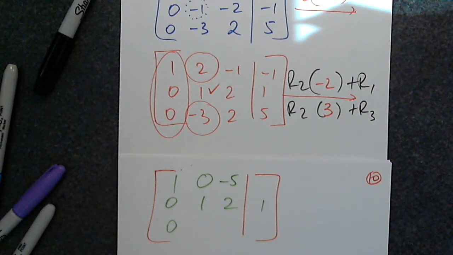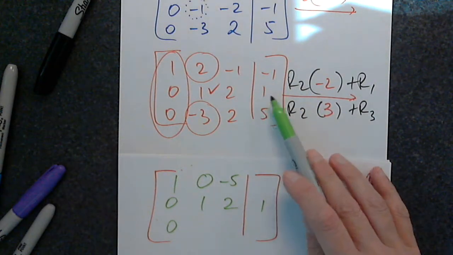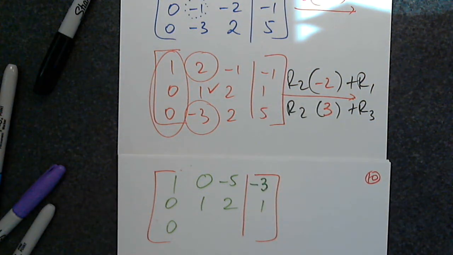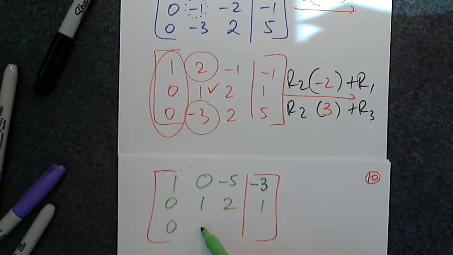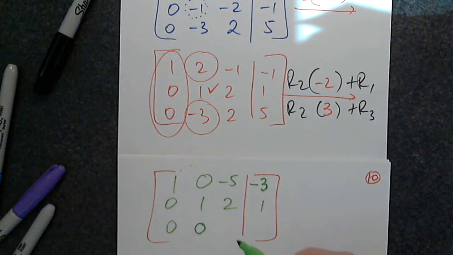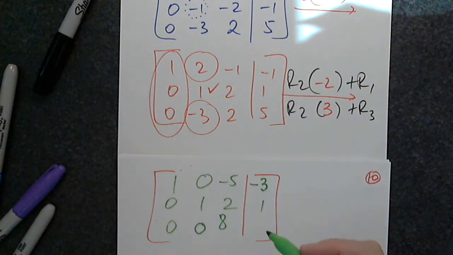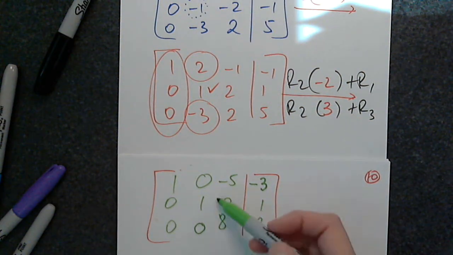Excellent. 2 times negative 2 is negative 4 minus 1, negative 5, right? 1 times negative 2 is negative 2 minus 1. 1 times 3 minus 3. 2 times 3 plus 2. Perfect. 1 times 3 plus 5. Perfect. We're done.